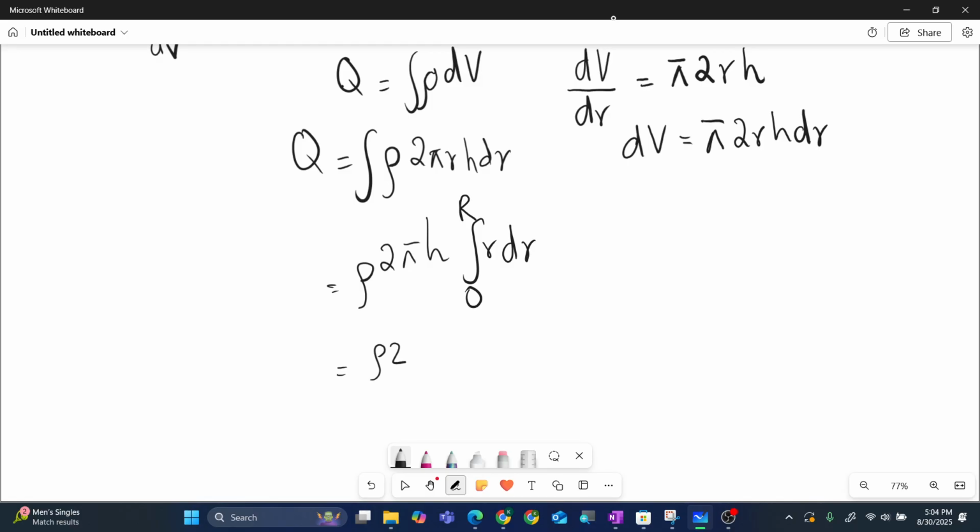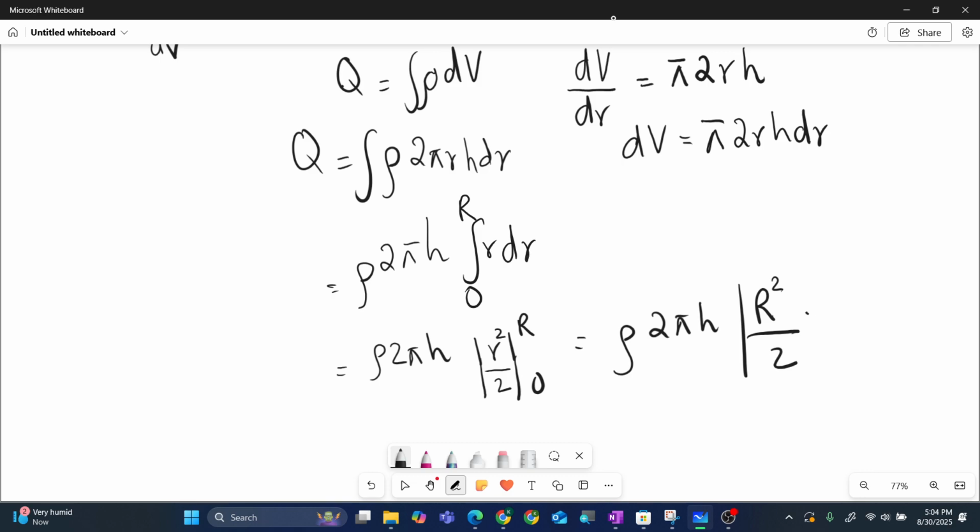So what I will get, rho 2 pi h, since I'm going to integrate this, this is going to be r squared divided by 2 over the limits R and 0. So this is going to give me 2 pi h R squared over 2 minus 0 over 2, which is just going to be 0. So this is going to give me rho pi R squared h, and this is the total charge of this cylinder.